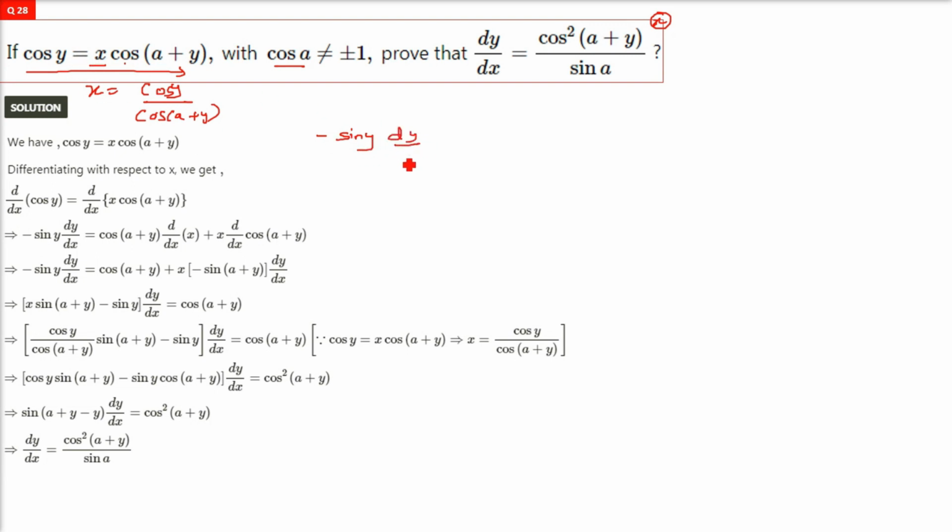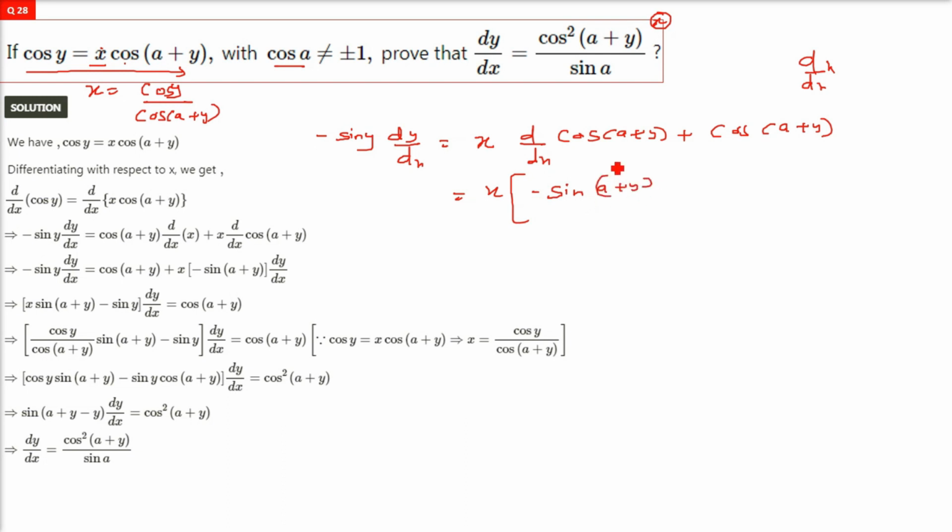So the differentiation of cos y is minus sin y times dy/dx. On the right hand side we have x cos(a + y), so we'll use the product rule: x times d/dx of cos(a + y), then plus cos(a + y) times d/dx of x, which is going to be 1.